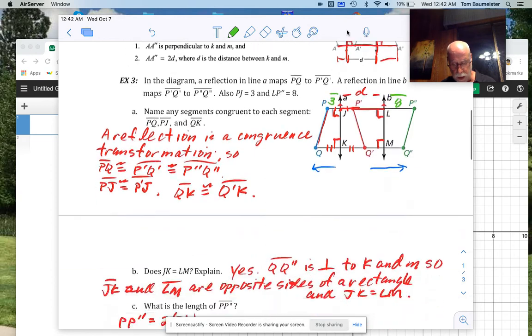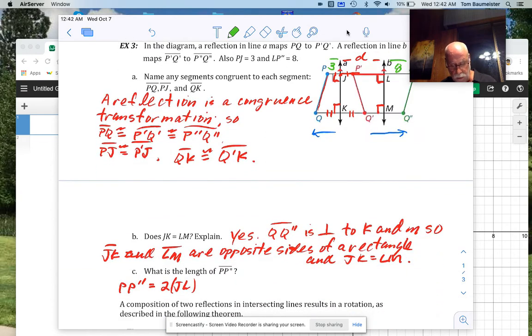So if that's the case, I can say it is equal to 2 times, well, JL has to be 11, right? Because if this is 3 and 8, that's 11. This also has to be 11, so 2 times 11 will give you 22. It'll be units. Okay?